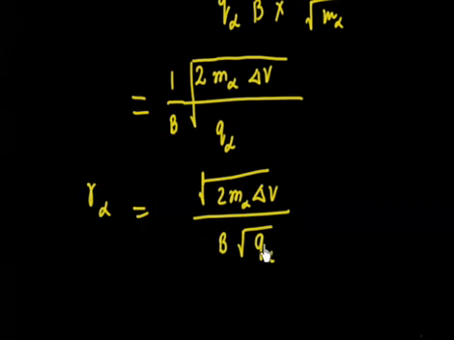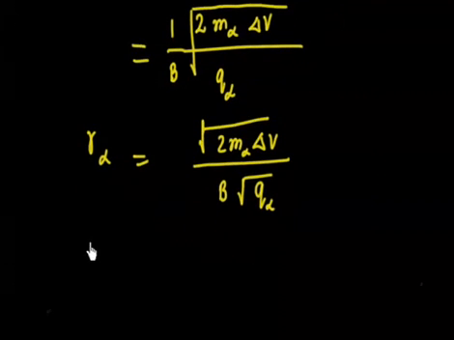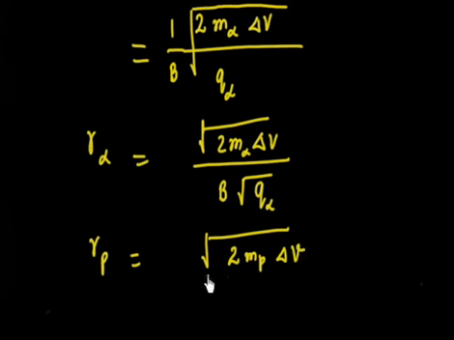Again, the radius for the proton I can write the same way. Only thing is, in place of alpha I write proton. So the square root of 2 m proton delta V divided by B times the square root of q proton, because B is constant.